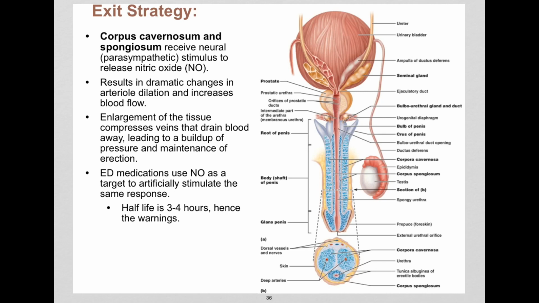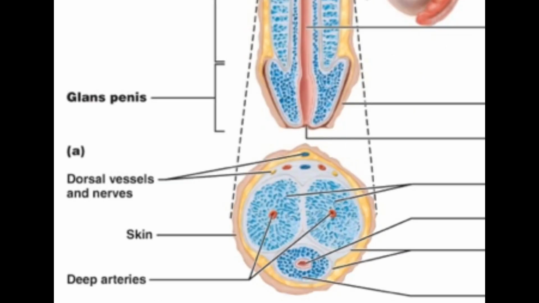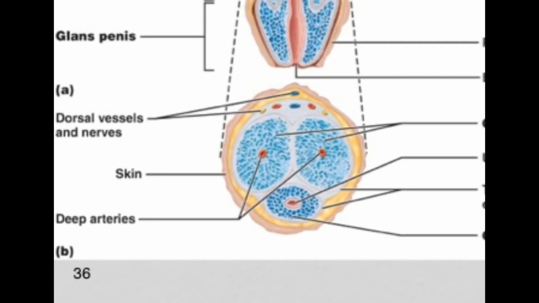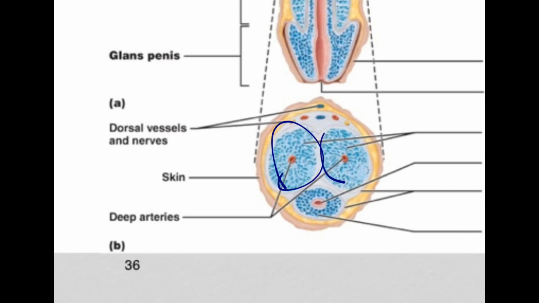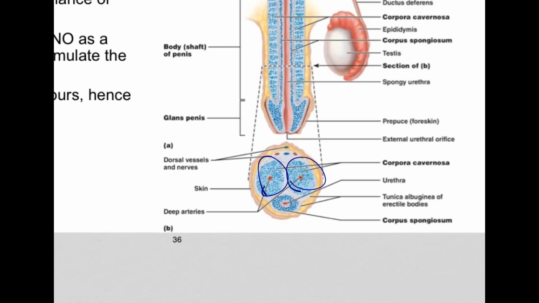So the way this system works is, if you are unlucky enough to have your penis cut in cross-section, this is what it would look like. There are two large open spaces on the superior side that are called corpora cavernosa, and one smaller open space at the bottom, the corpus spongiosum.